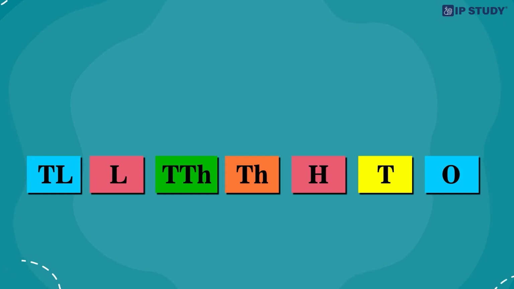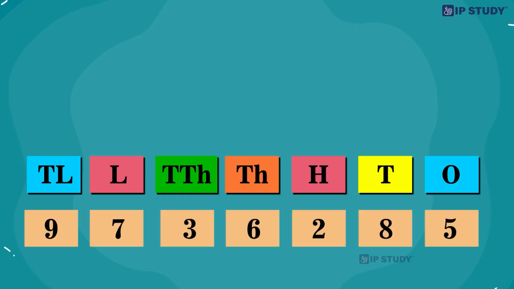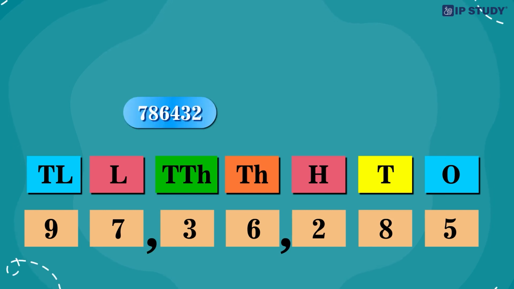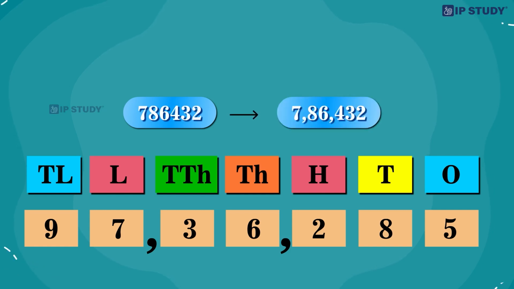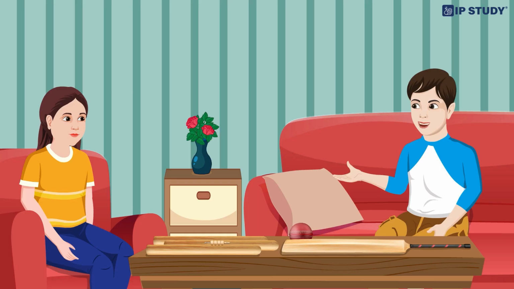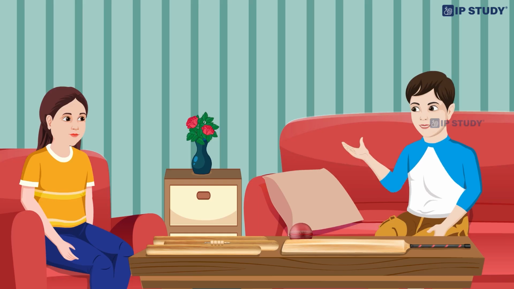To write a 6-digit number, we place commas from the rightmost side after 3 places and then after every 2 places. For example, 786,432 can be written as 7,86,432 and read as 7,86,432.